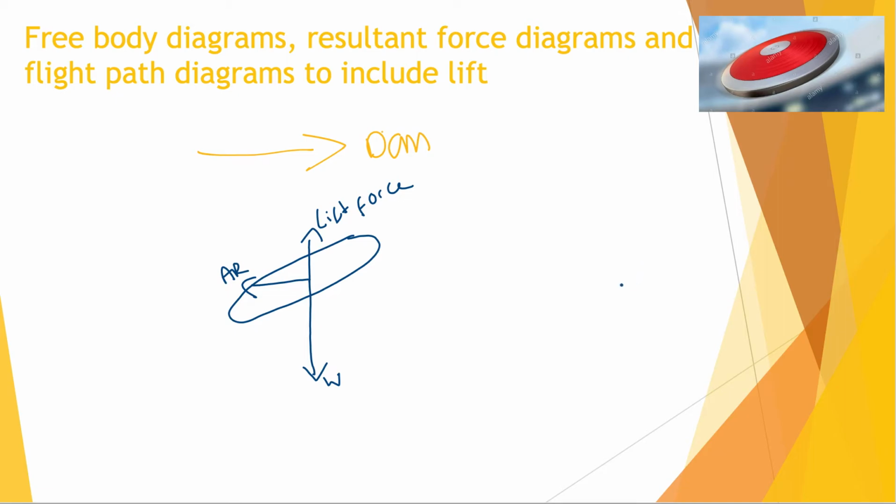Resultant force diagram. I'm going to draw in the centre of mass and the air resistance exactly the same. But now what I do is actually what we call resolve these forces. I'm going to take lift away from weight because this amount of lift is cancelling off weight.